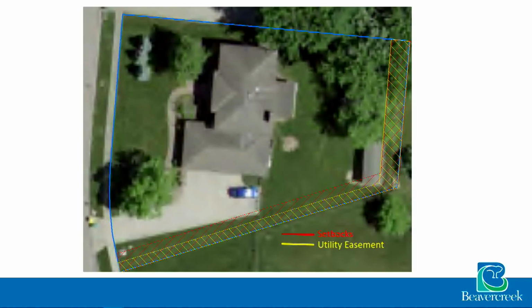So on the eastern side of the property, there's a 10-foot utility easement on the applicant's property. And then on the southern boundary, it's 5 feet.